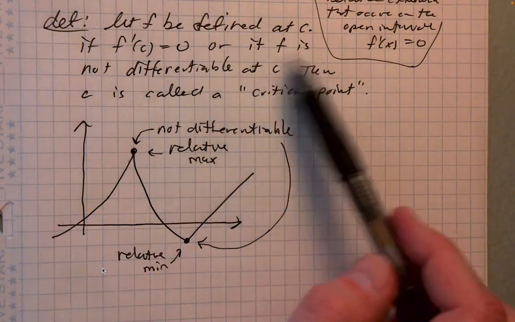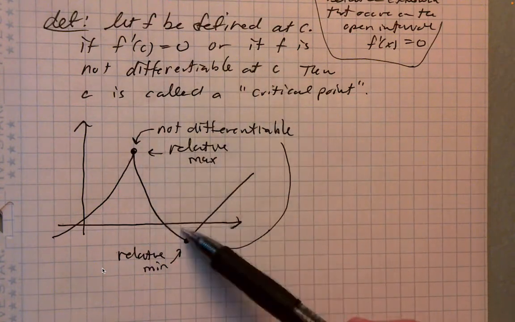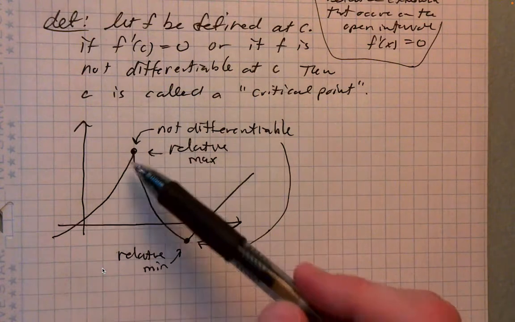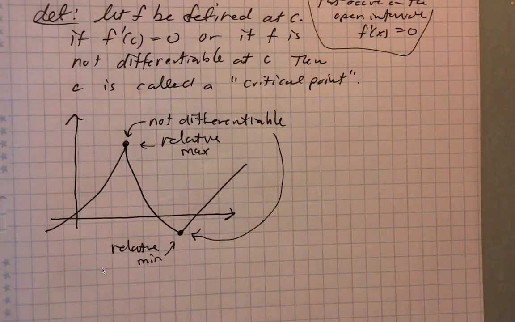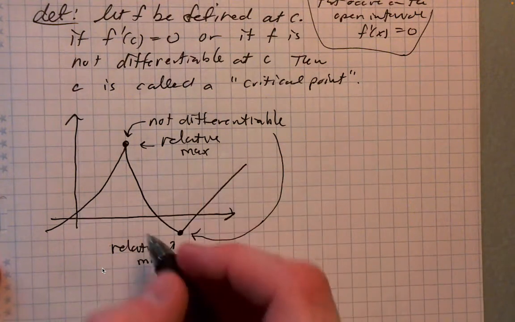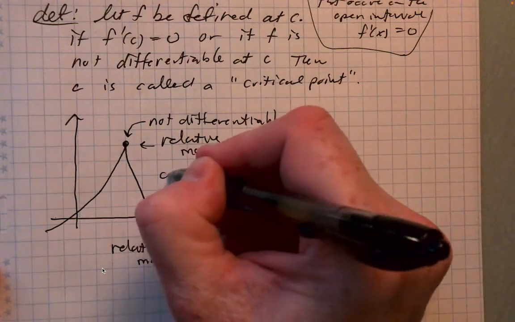Or, if f is not differentiable at c, as we see in this example, where these 2 points are non-differentiable, then those points are all called critical points. Okay. Just to be clear, these are critical numbers, critical values.